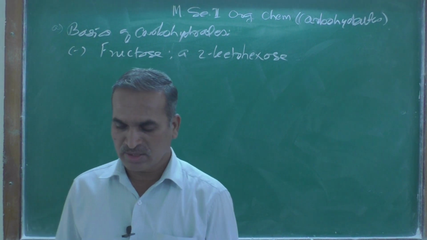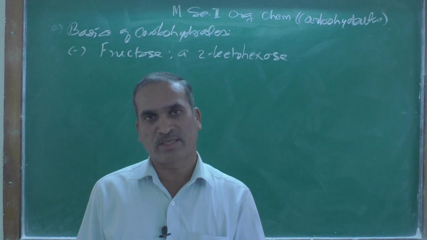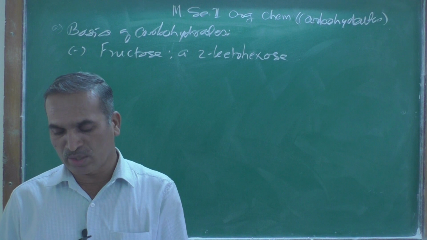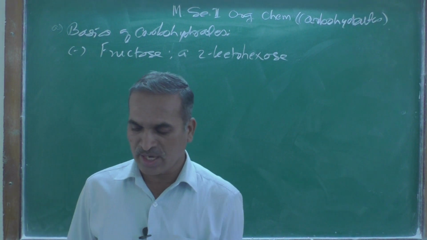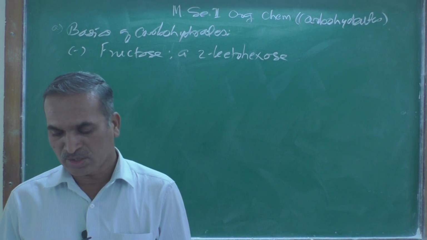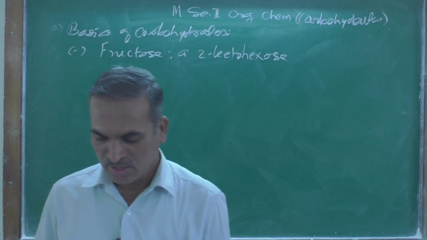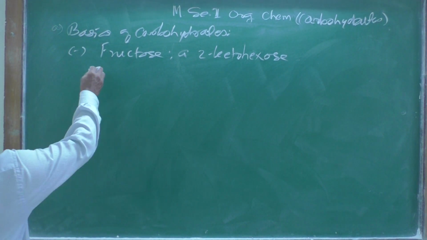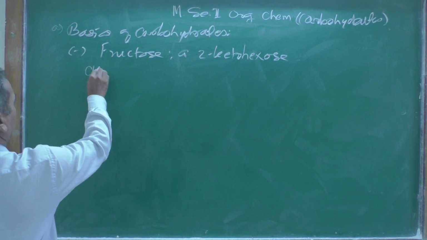The following sequence shows that minus fructose is a ketone rather than an aldehyde, and gives the position of the keto group in the chain. Let us see how the structure of fructose can be drawn here.